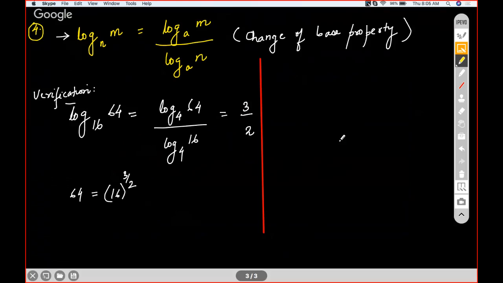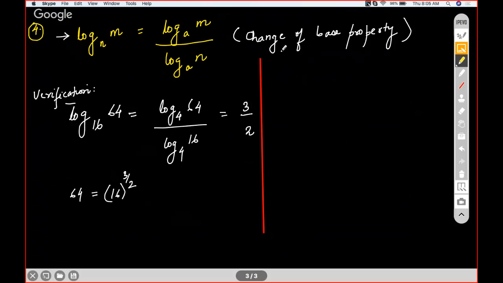So now it'll be p log n base a by log n base a. Then I can cancel out log n base a and log n base a, and that gives you p. But p was the same thing as log m to the base n. So I guess that proves it.